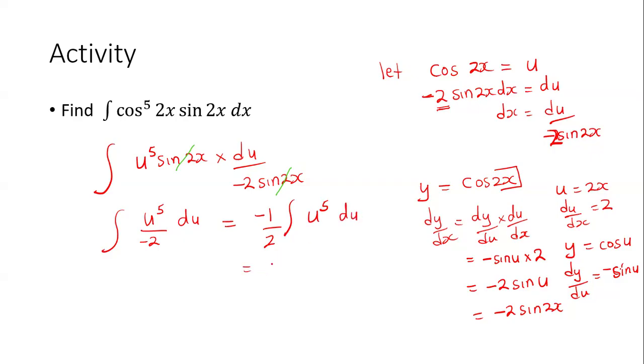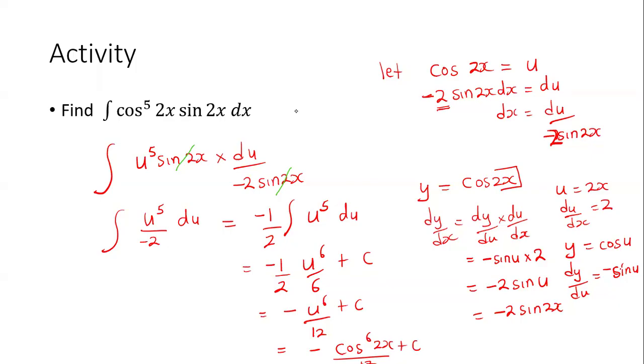So when I integrate this, I'll have negative a half, then u power 6 out of 6 plus c, which will be negative u power 6 over 2 times 6, which is 12, plus c. But what is our u? Our u, we had it as cos 2x. So here I expect us to have negative cos power 6 of 2x out of 12 plus c. So that is the answer.